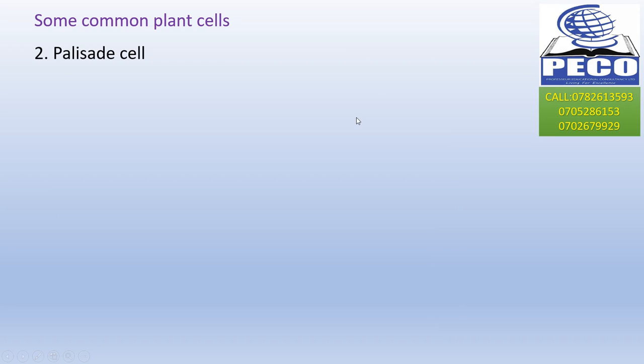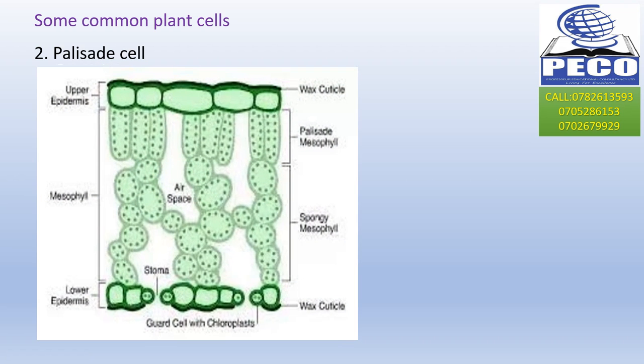Number 2, we want to look at the palisade cells. Now, we have a section through the leaf, and if you have a cuticle on top, you have the palisade cells, and there are many below.